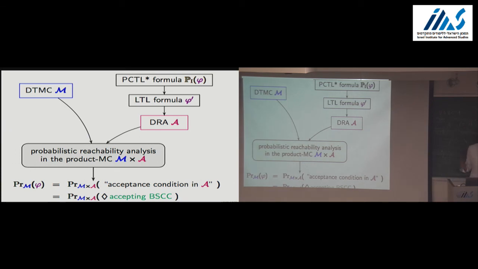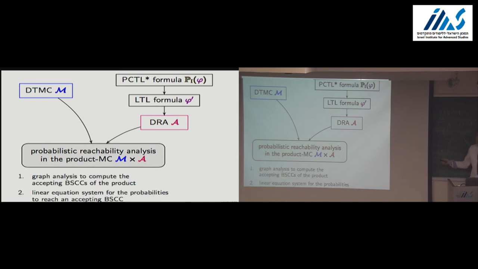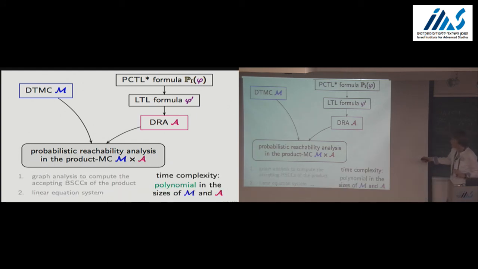So we have the probability to reach an accepting bottom strongly connected component. So altogether we have two steps, the graph analysis to compute the accepting bottom strongly connected components, and as soon as we have computed them, we can rely on this technique. I've shown you a linear equation system to compute the reachability probabilities.